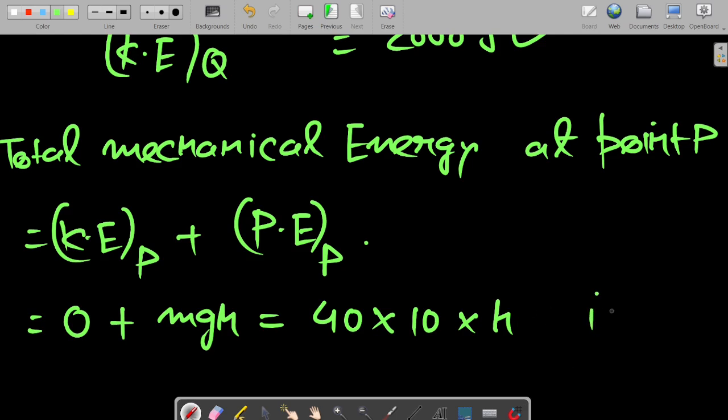So it is equation number 1. Let it be equation number 1.